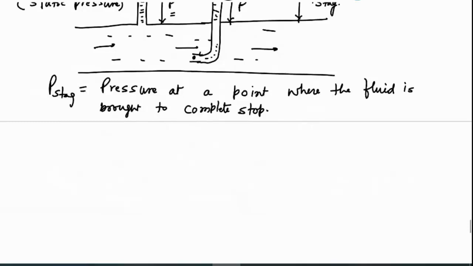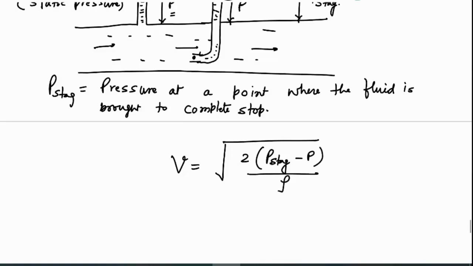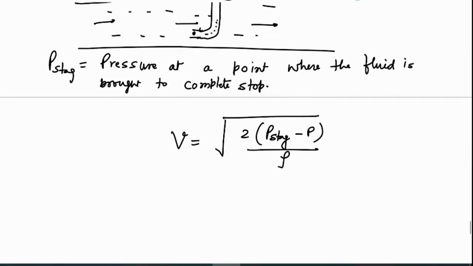So what will be the velocity? If you re-express that expression, you will have the velocity equal to the square root of 2 times (P stagnation minus P) divided by rho. So the fluid velocity in terms of the stagnation pressure, and P is the static pressure. Using these two devices, you can calculate the fluid velocity.